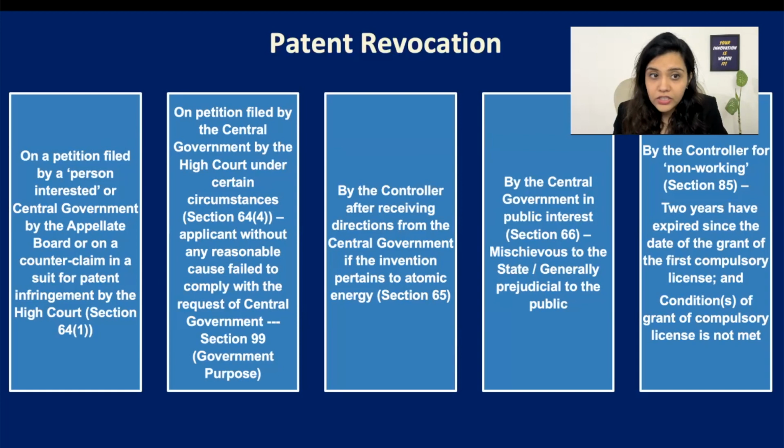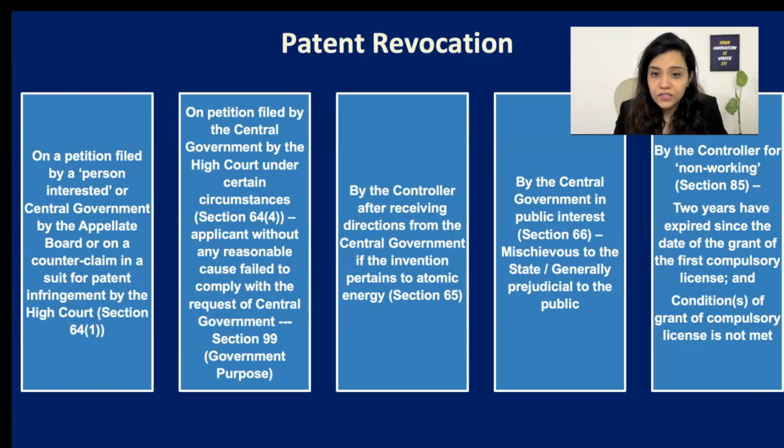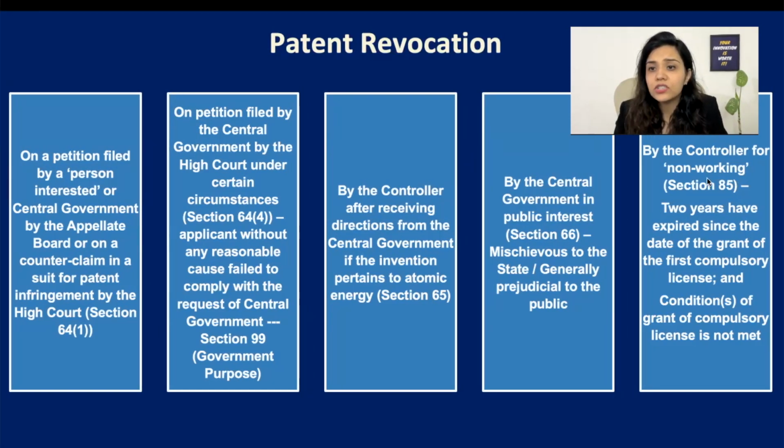This is the concept of revocation, and there are certain ways by which the patent can be revoked, which are mentioned in sections 64, 65, 66, and one of the important sections is section 85 as well. Let us try to understand the scenarios related to patent revocation. I'd suggest you read these sections once, but understand the scenarios because those are the most important part.